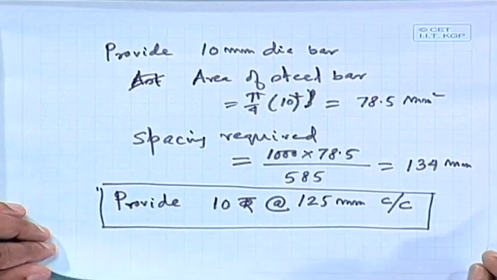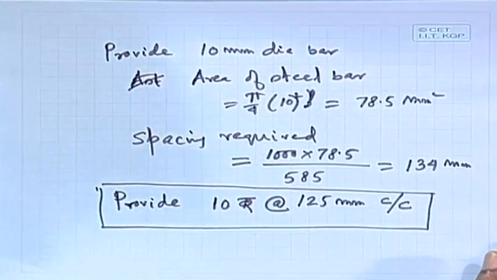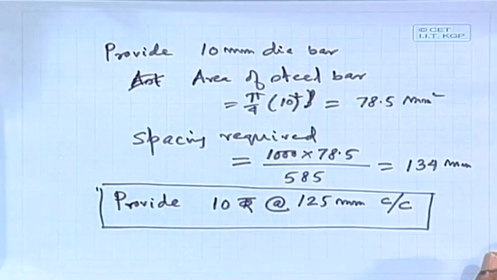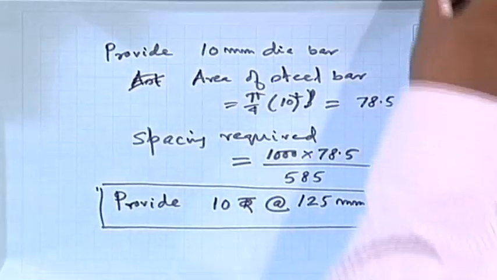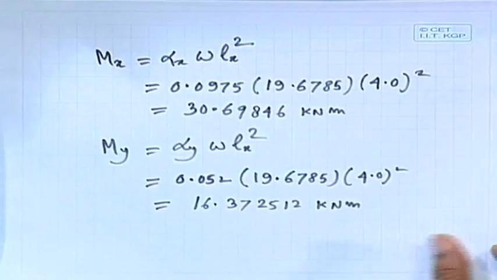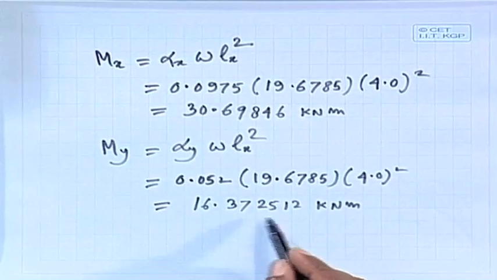What about the longer side? For the longer side we have to provide reinforcement, and we have a moment in that direction, that is 16.372512, that is the moment in the longer direction.